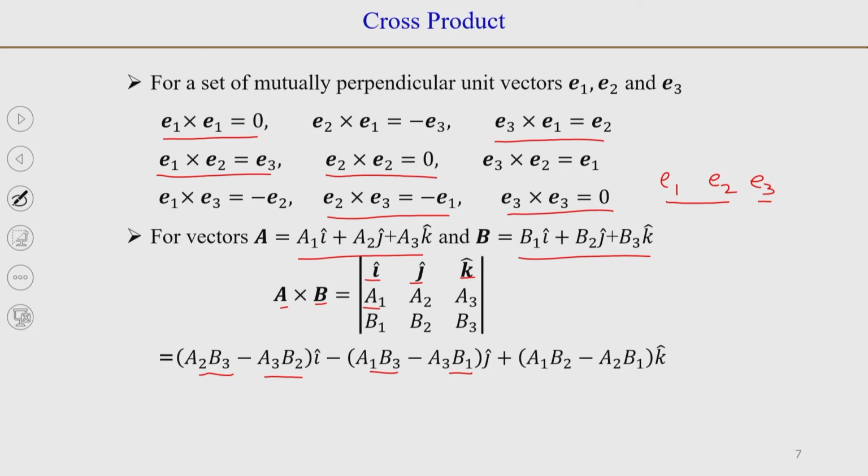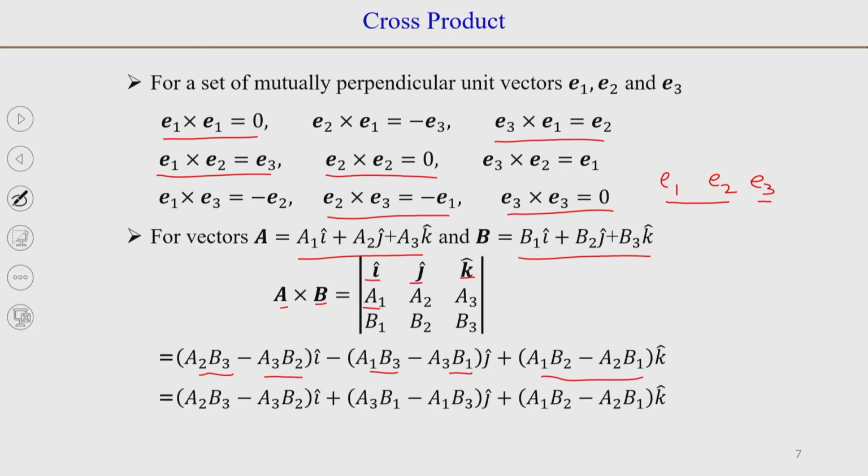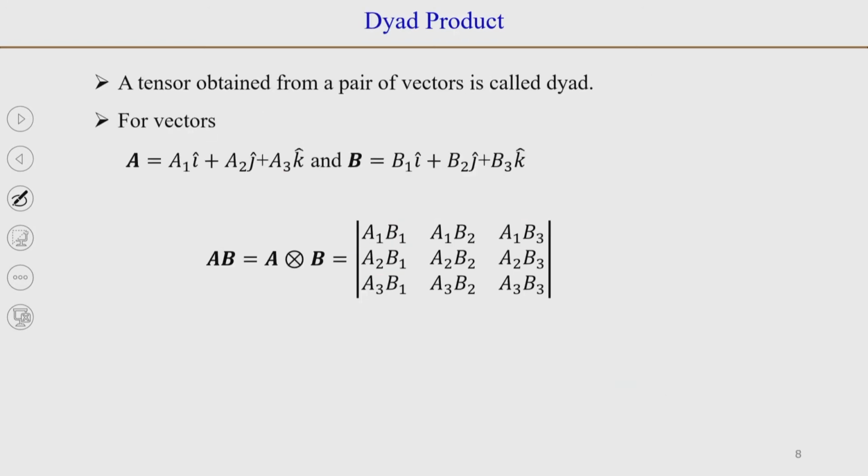The third term will be plus k multiplied by a1 b2 minus a2 b1. Okay. So, if we want the sign for all the terms to be plus, we can change the order of these terms, and then it becomes a3 b1 minus a1 b3. Okay. So, that is about the cross product.